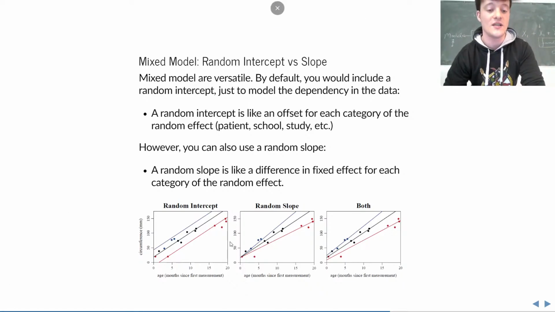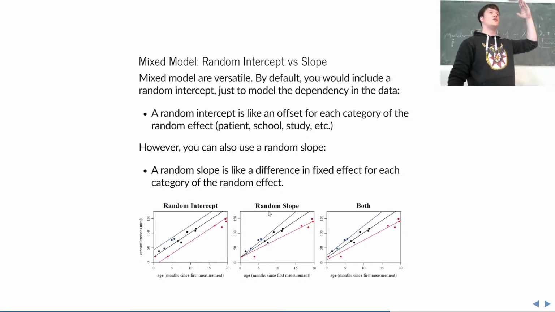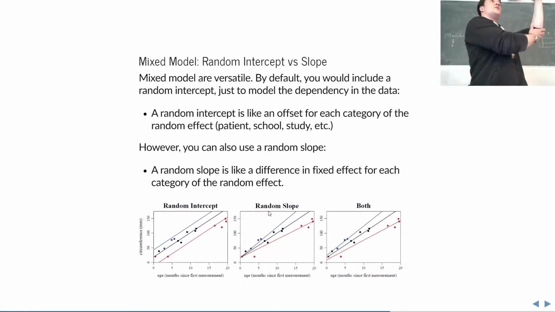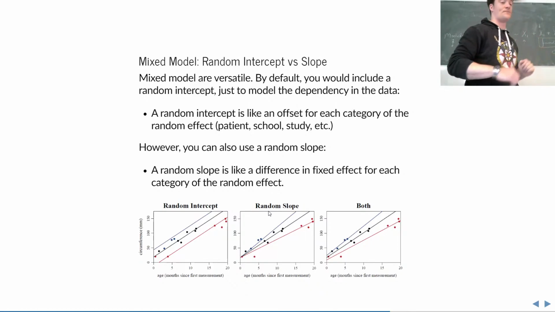So this is what that looks like. A random intercept means, for example, that every patient would have a different starting point. A random slope is saying there is a certain effect of the explanatory variable on the outcome, but there is a variance to that effect. So every person will progress slightly differently.